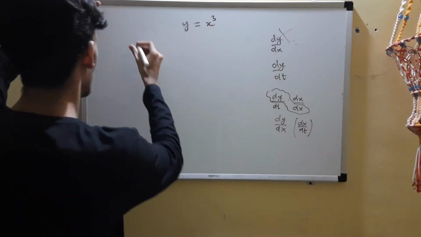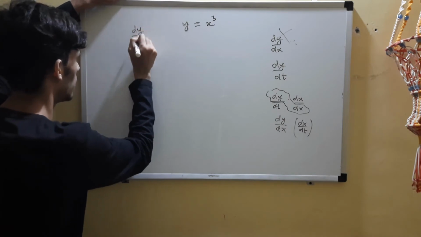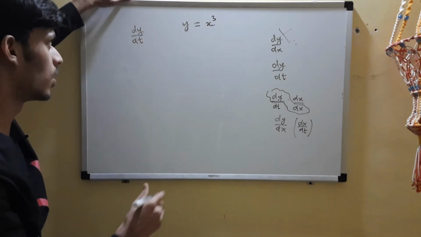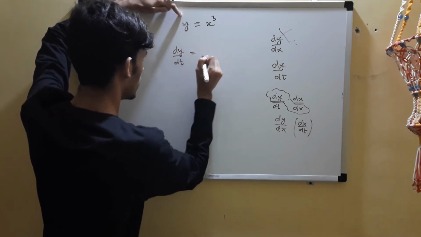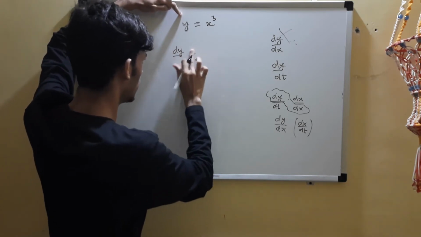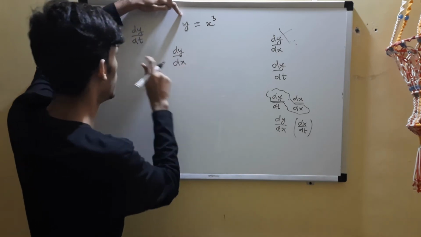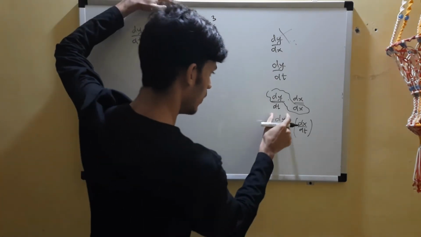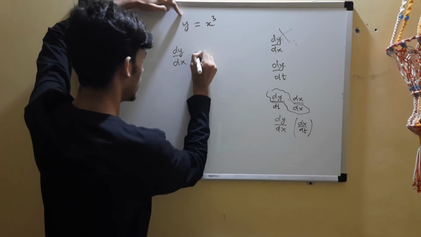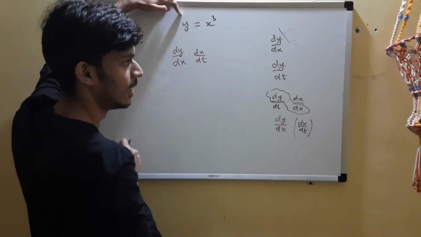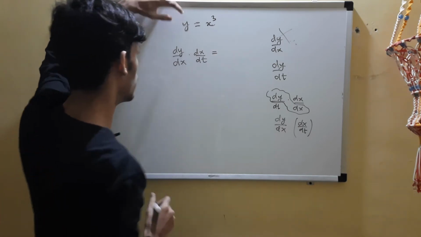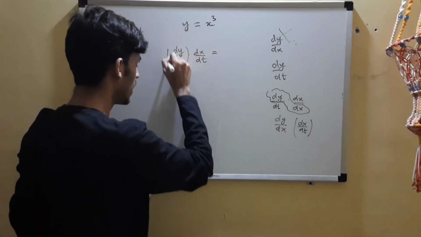Like in this example, they have asked for dy by dt. So you have found that dy by dt will be dy by dx into dx by dt.